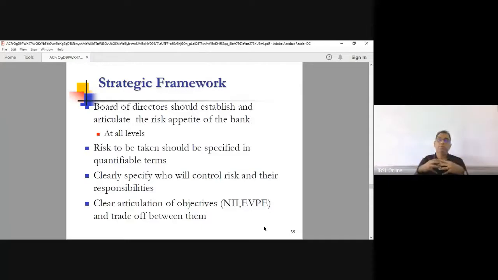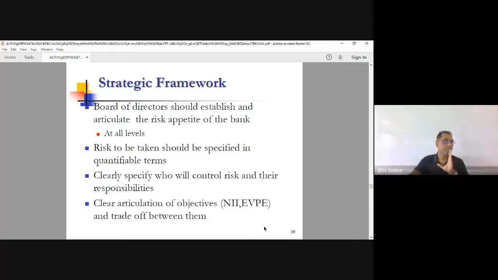If the overall strategic framework is we need to be conservative, we can't be taking too many risks over this period of time, then you can't go out and raise deposits from highly risky sources and then lend money to highly risky sources also. Because then you're going against your overall strategic framework of the company. So it's like you are doing one thing, but the strategy of the company is saying something else. So those things have to clearly align.